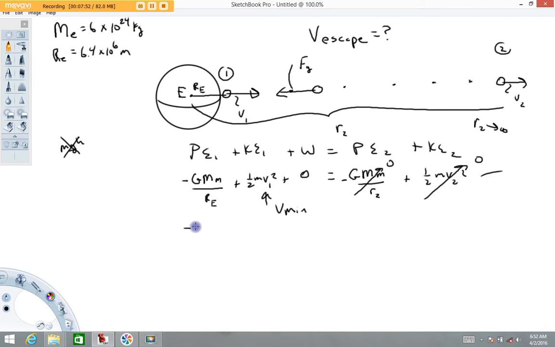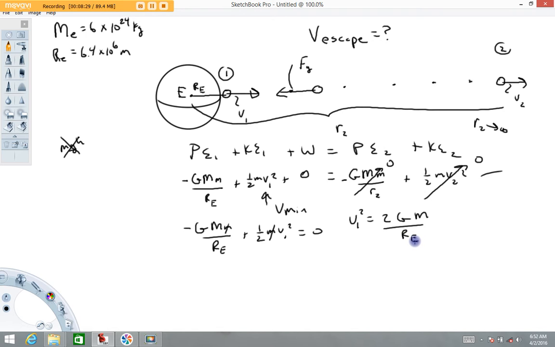So the new equation is minus big G, big M, little m over the radius of the Earth, plus 1/2 m V1 squared equals 0 on the right-hand side. Now it's just a matter of solving this for V1. I notice that the little m is the same, so that cancels. I like to write V1 squared, which equals 2 big G, big M over R, the radius of the Earth.